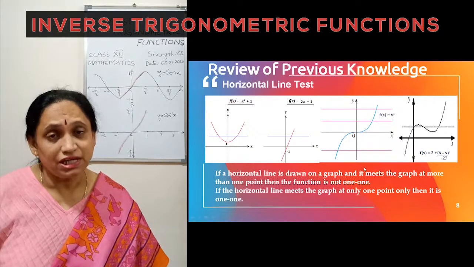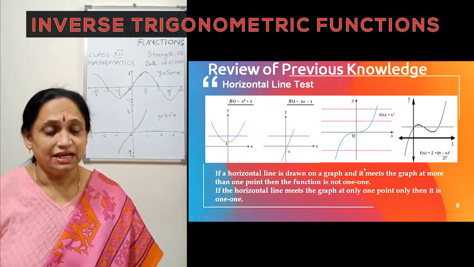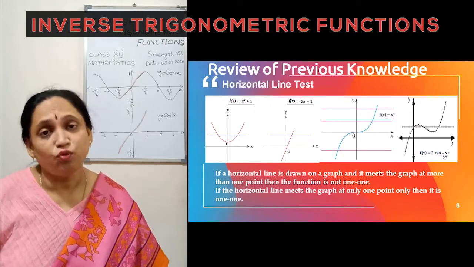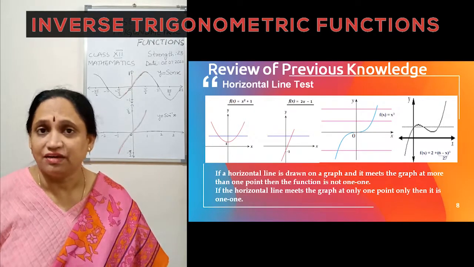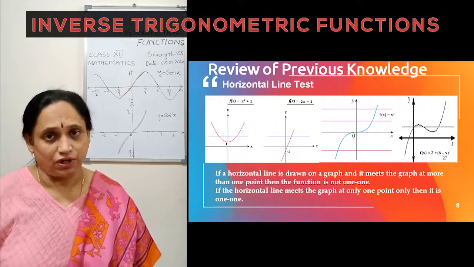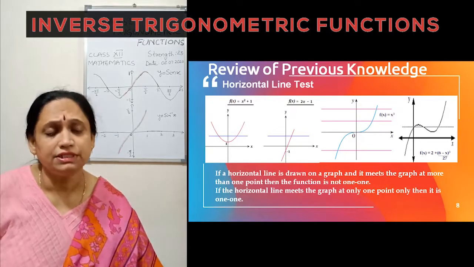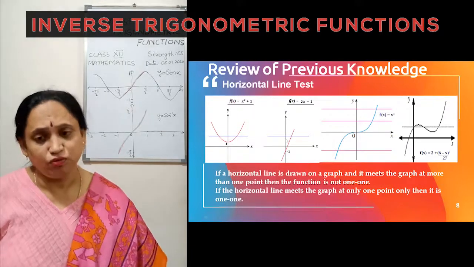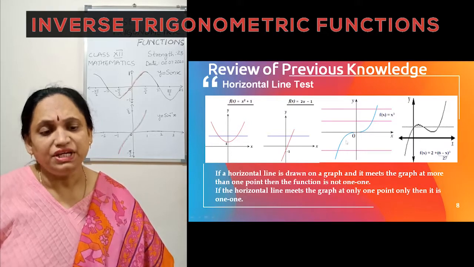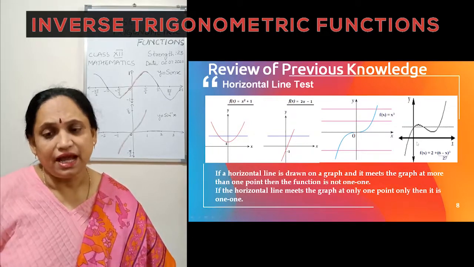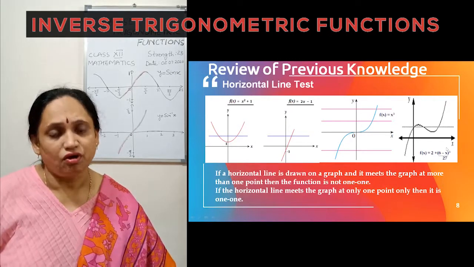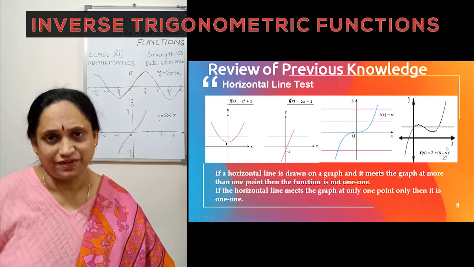Now this horizontal line test says that if the graph cuts or meets the line at more than 1 point, then the function that the graph depicts is not 1-1. And here you can see the first graph, which is parabolic, and the last graph, which is a curve, are meeting the horizontal line at 2 or more points. Hence, these two functions are not 1-1.